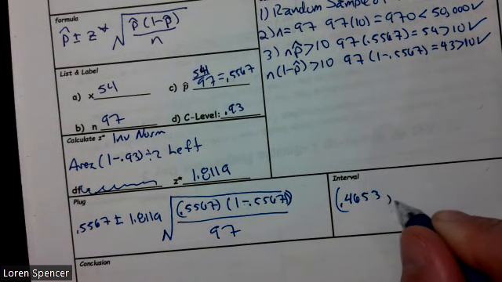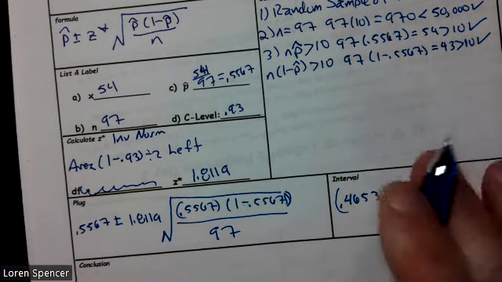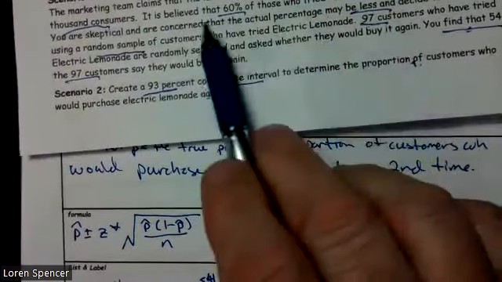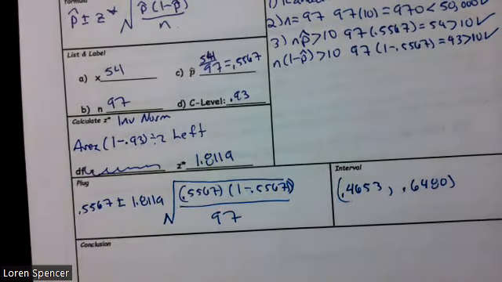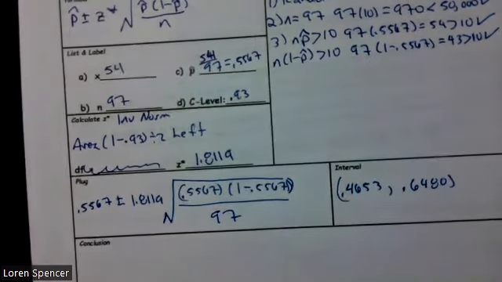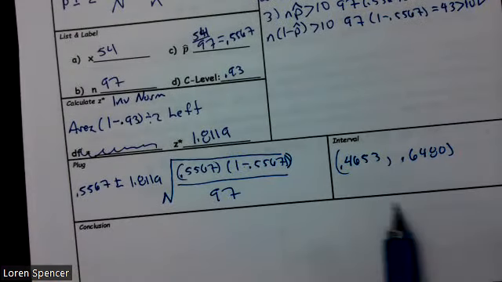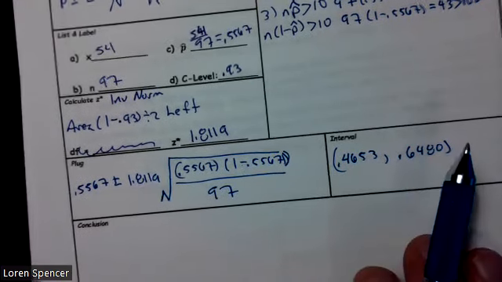Hey, the claim was that it was 60%, and 60% lies in here, so that's good. In other words, the claim of 60% looks like it might actually be a real claim, and it's not really lower. Now, it could be as low as 46%, but it could be as high as about 65%.